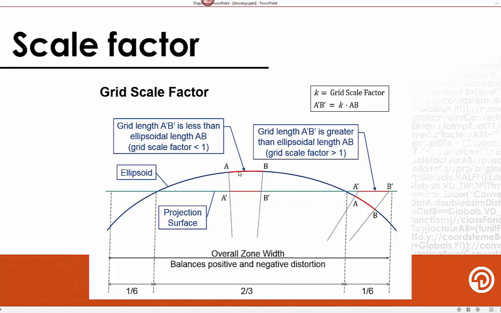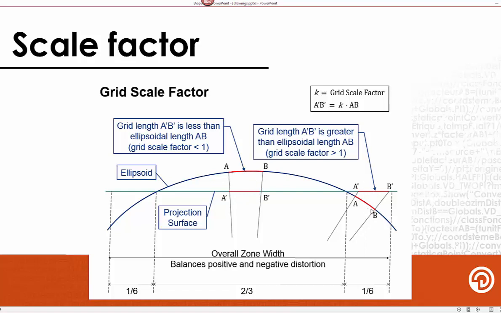That means that if you're in here and you measure something on the field, this is what you measure. But when you get in here, you'll see that on the map, it's going to look smaller than what it is in real.